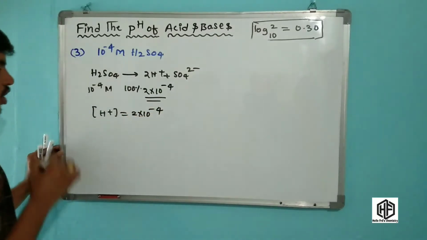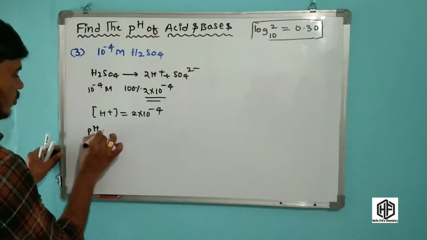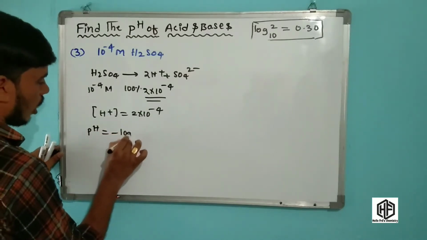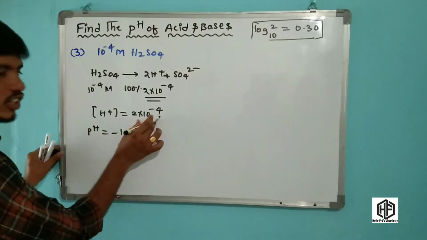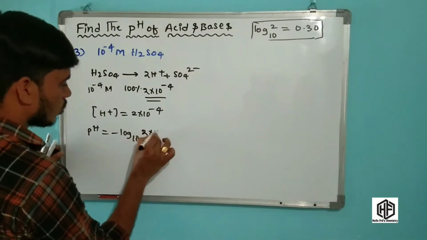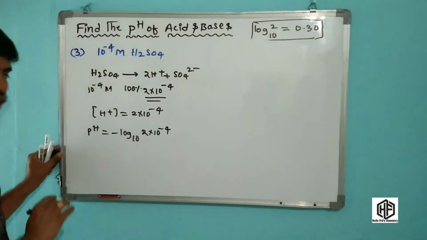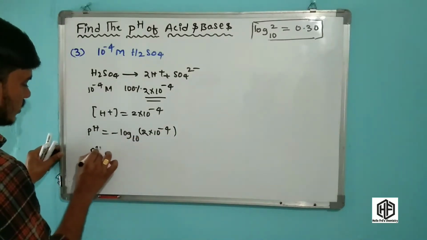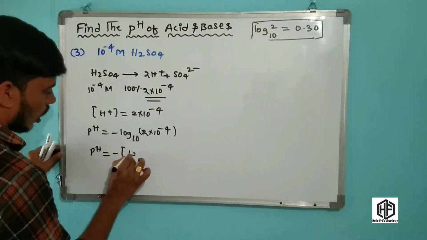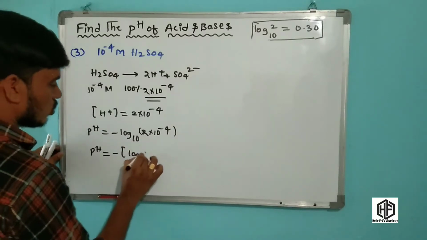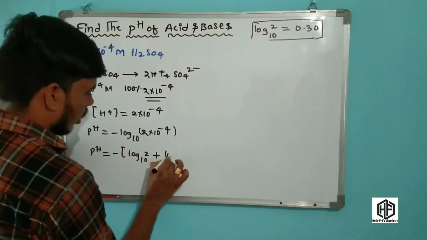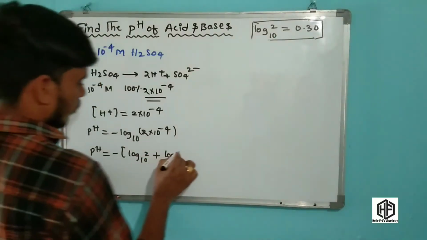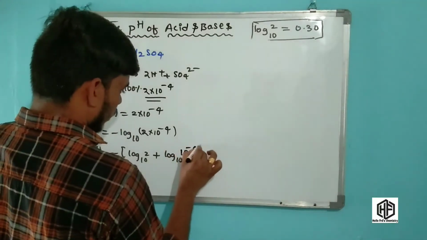Now what is the pH of this value? pH is minus log base 10 of the concentration of H plus ions, which is 2 into 10 to the power of minus 4. This is clear, friends? Now pH is equal to minus into log base 10 of 2 plus log base 10 of 10 to the power of minus 4.